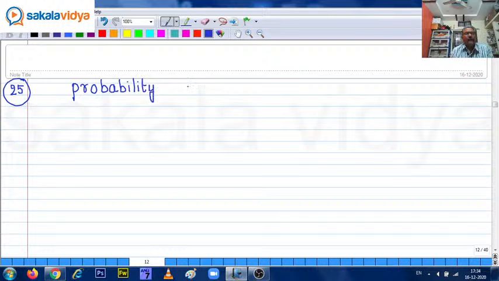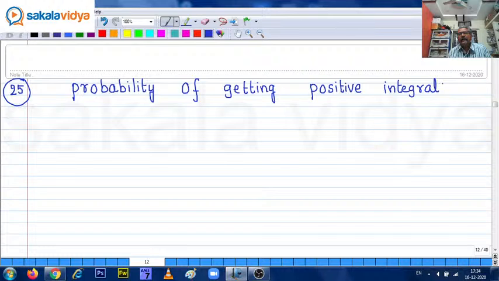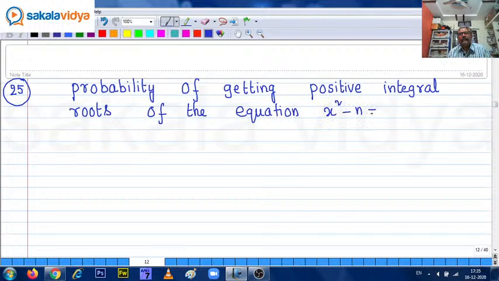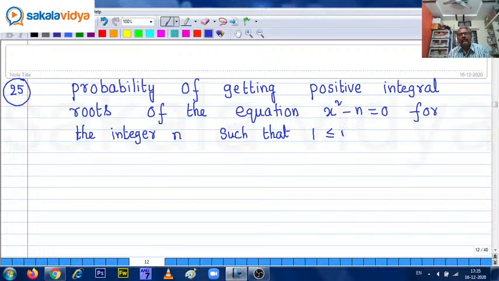Probability of getting positive integral roots of the equation x square minus n equals to 0 for the integer n such that 1 less than or equal to n less than or equal to 40 is, this is the probability question.